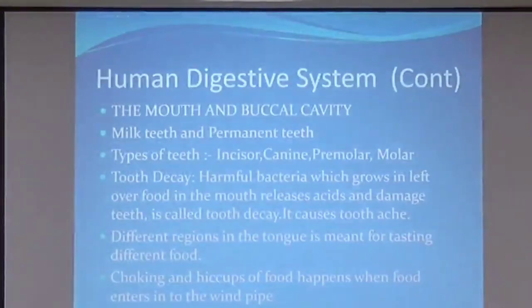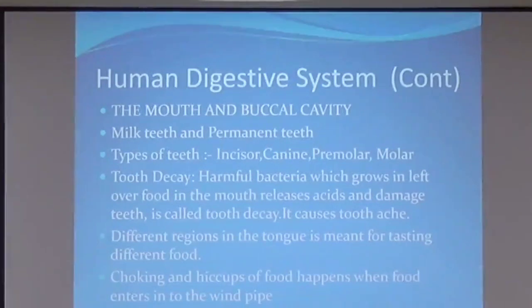The first part of the human digestive system is called the mouth and the buccal cavity. Let us understand more about that. There are two sets of teeth in the mouth.